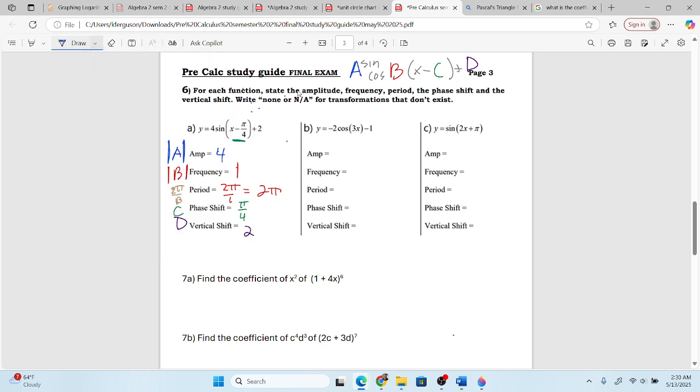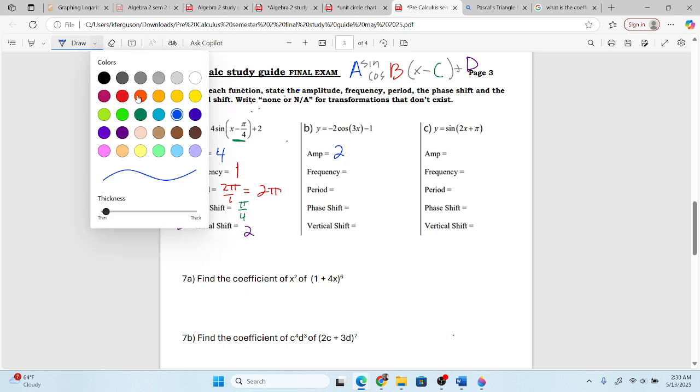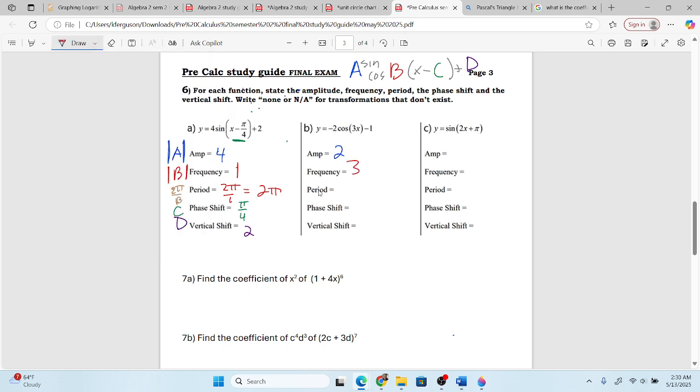Let me start it all over again. Over here, what's my amplitude? It is not -2, it is +2. -2 is wrong. Frequency is the number times x. So that's 3. The period is 2 pi divided by the frequency, which is 3. That can't be reduced. So 2 pi over 3 is my period.